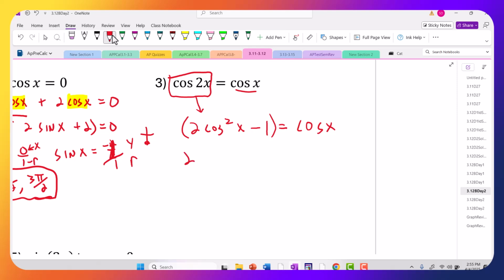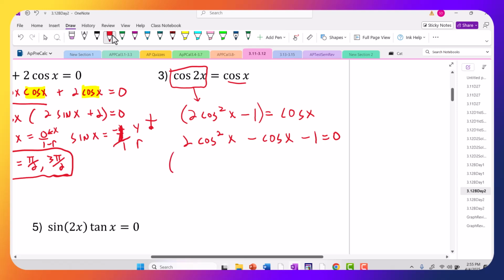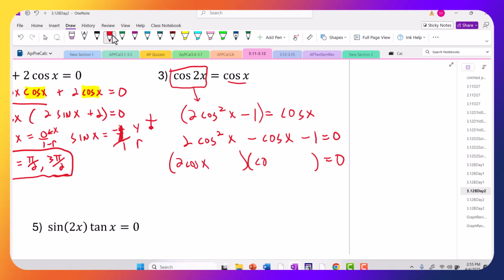Now this one, I've been using basketball references, seventh hour, this one might be a 3-pointer because of how hard it is for some of us to factor. And again, we've been teaching factoring all year long. That's why I lose sleep at night, that the same old stuff is still tripping up students. 2 cosine squared times cosine, doink.